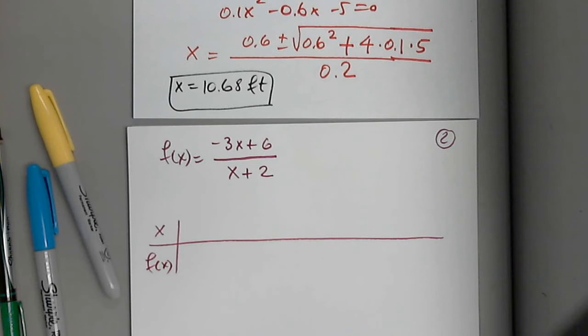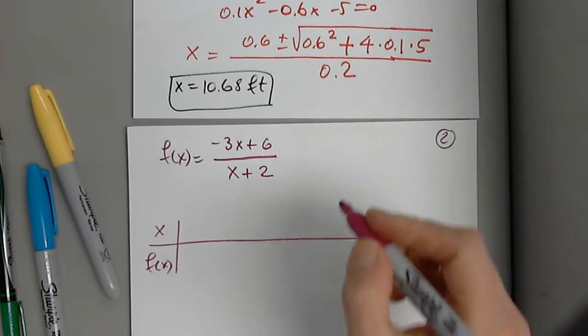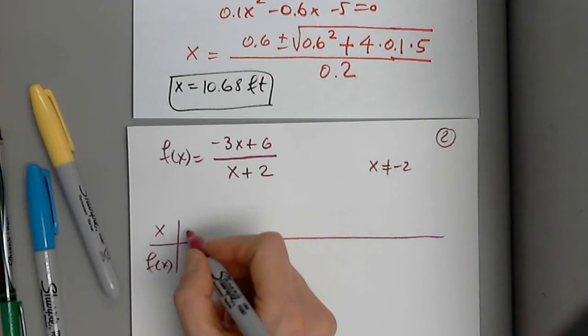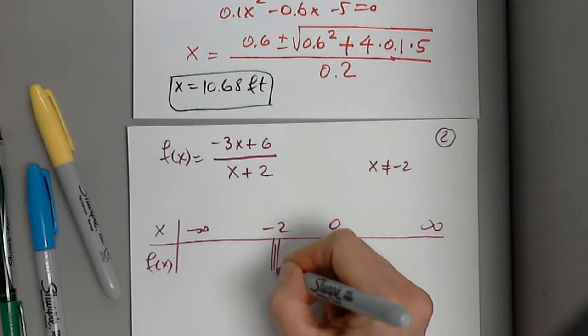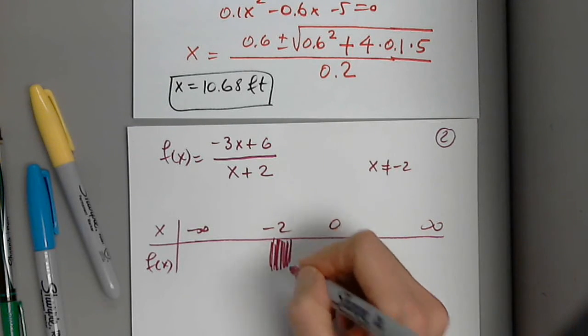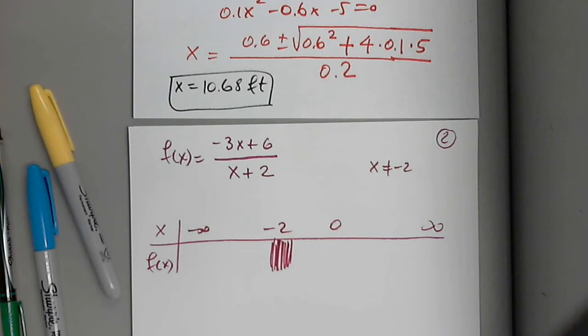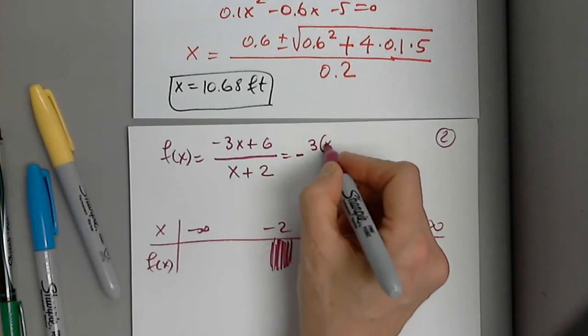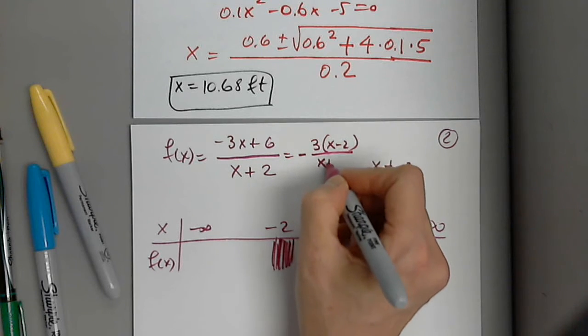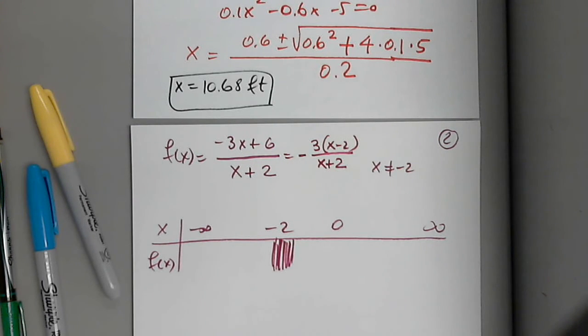Let's find the domain. And what would you do? x cannot equal -2. Yes, indeed, x cannot equal -2. So the domain will be this. And yes, I will factor out -3, to get it ready for something else.